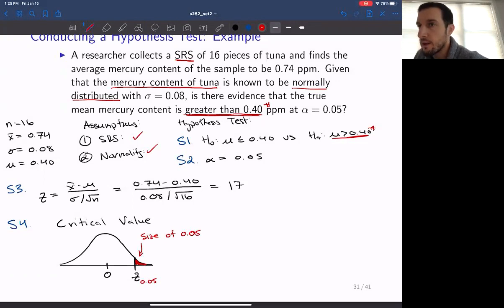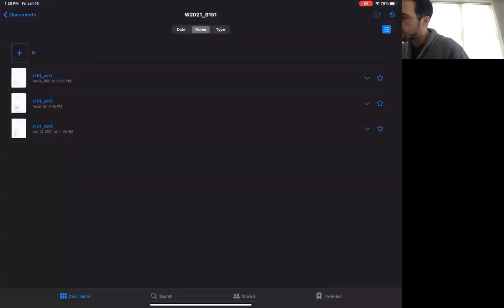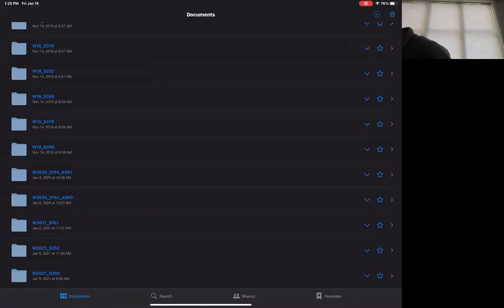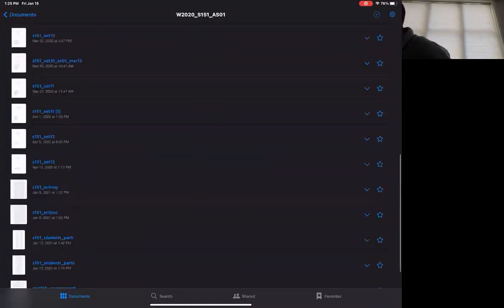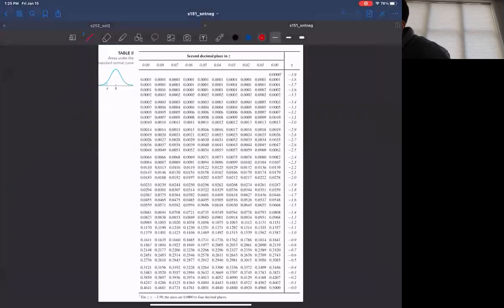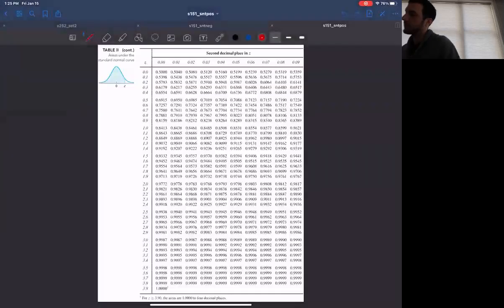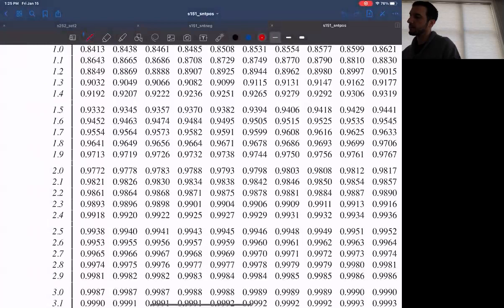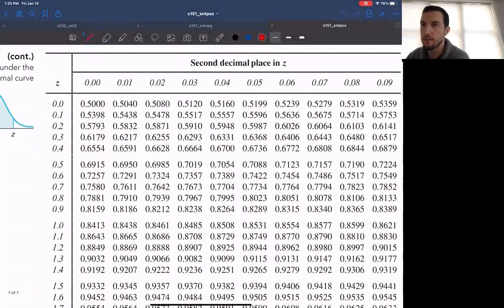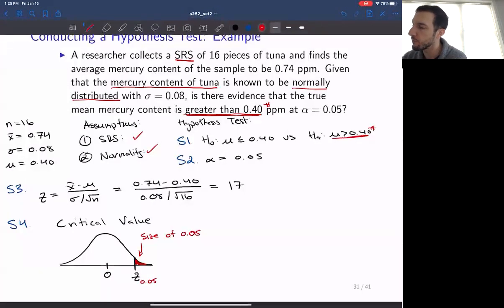So we have a critical value that puts 0.05 of the area under the curve into the upper tail, and the remaining 0.95 of the area must be to the left of that critical value. So if we go to our standard normal table, actually, let's do it the easier way. We have a Z subscript 0.05.